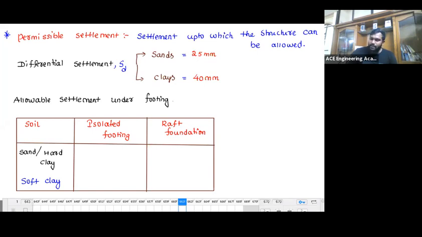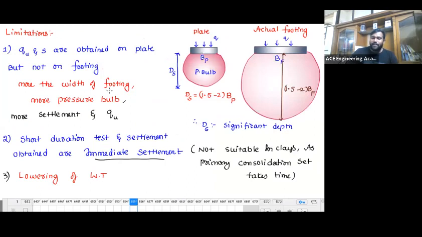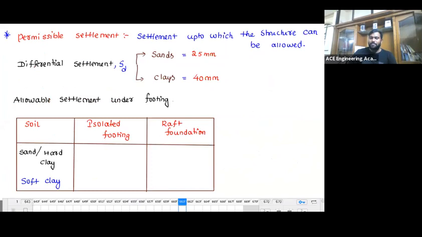Baba, just now I mentioned that the more the width of the footing, the more the pressure bulb, the more the settlement. Yes or no? See, in the case of raft foundation, width is more. Isolated foundation, width is less. Obviously, the raft foundation undergoes more settlement.